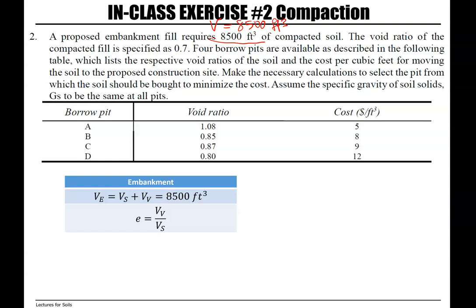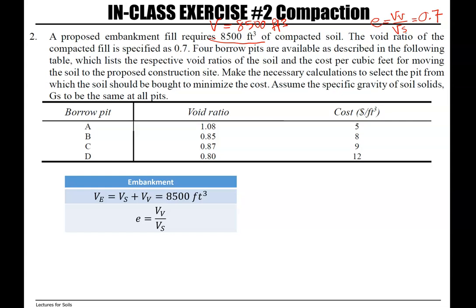The void ratio of the compacted fill, void ratio being volume of void divided by volume of solids. So we want to compact soil for an embankment fill. The total volume of the compacted soil will be 8,500 cubic feet, and it will have a void ratio of 0.7. That's what we want.